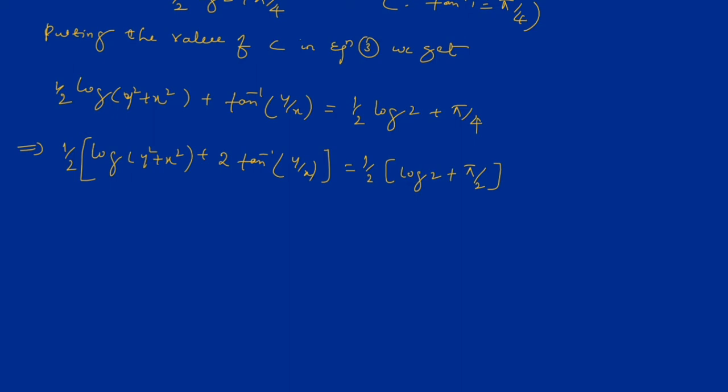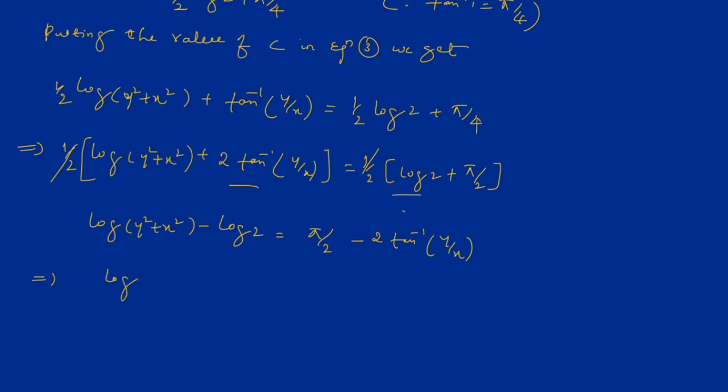So this 1 by 2 and this 1 by 2 get cancelled from both LHS and RHS. The remaining term is log of y square plus x square. Now this term taken to the LHS, that is, the log term on one side, it is minus log 2, which is equal to pi by 2 minus, this term goes to the RHS, 2 tan inverse y by x, right? So now, log m minus log n form, right?